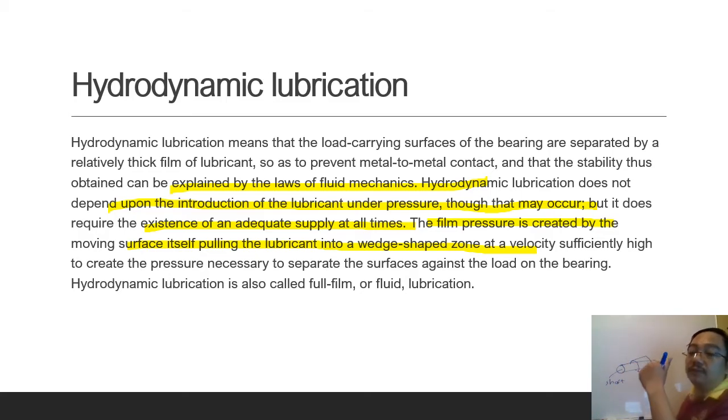You can pause and go back to the first video, 12.0 on lubrication, or you can Google journal bearing. You can see a typical image of a journal bearing. They have this kind of cylinder block. This is for the mounting of the casing. This is a cylindrical block, and then there is a place for you to put the oil. You put the oil inside here.